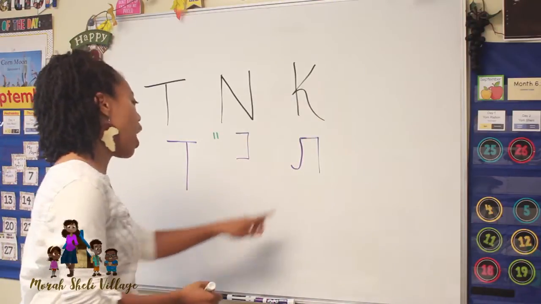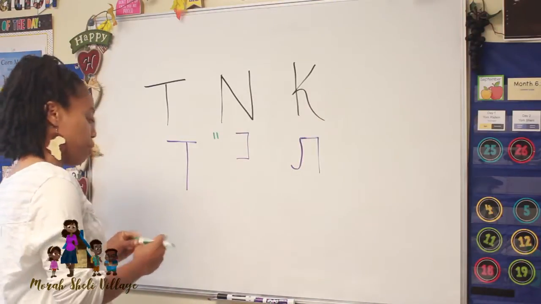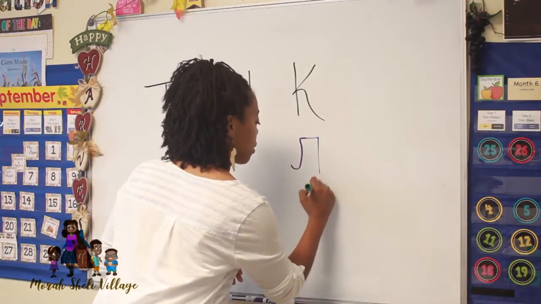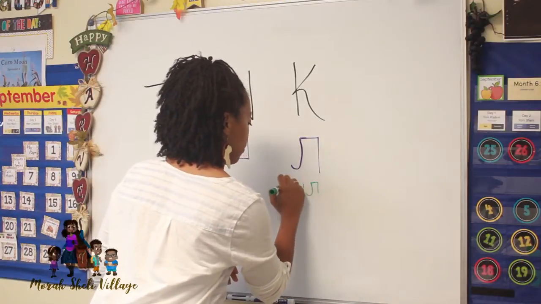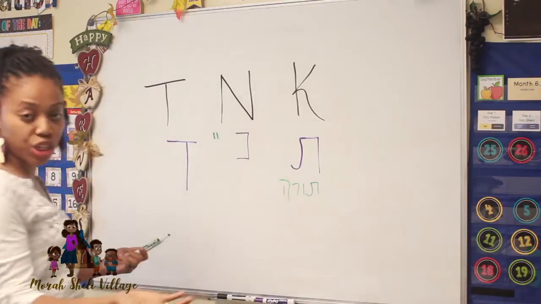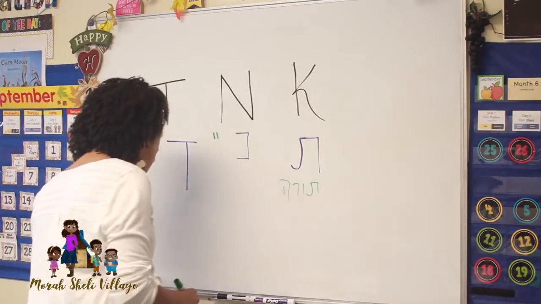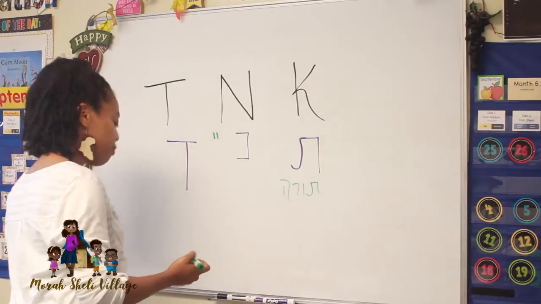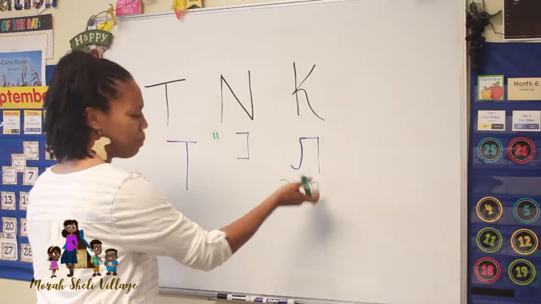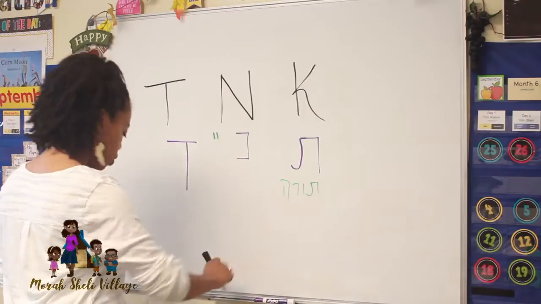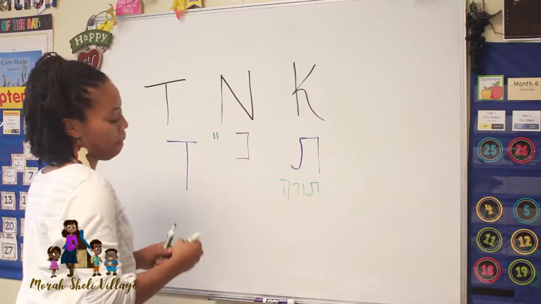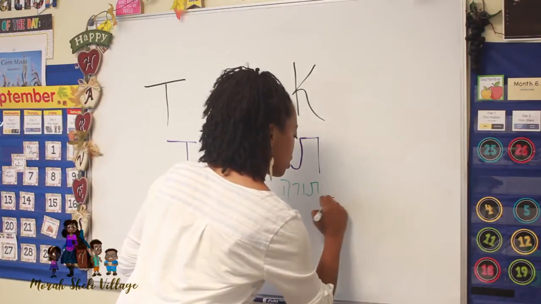So our tau is going to stand for Torah, and this is the breakdown, or the canonization, if you will, of the Hebrew Scriptures. All right, our noon is going to stand for Nevi'im. Oh, let me translate as I go, excuse me. So the Torah is going to be instructions.